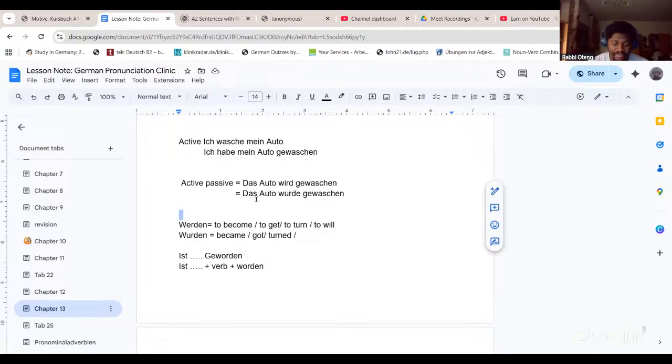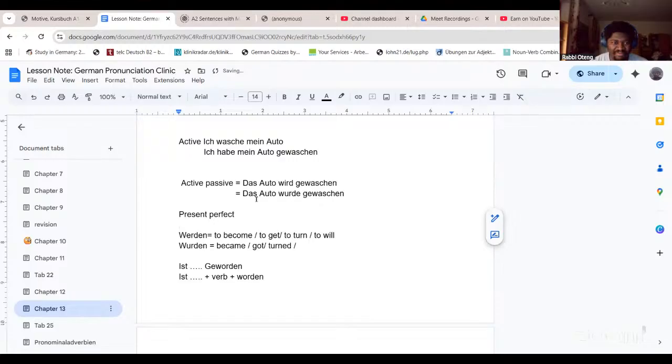Using the present perfect, I mean the past passive with the present perfect, will be: Das Auto ist gewaschen worden.